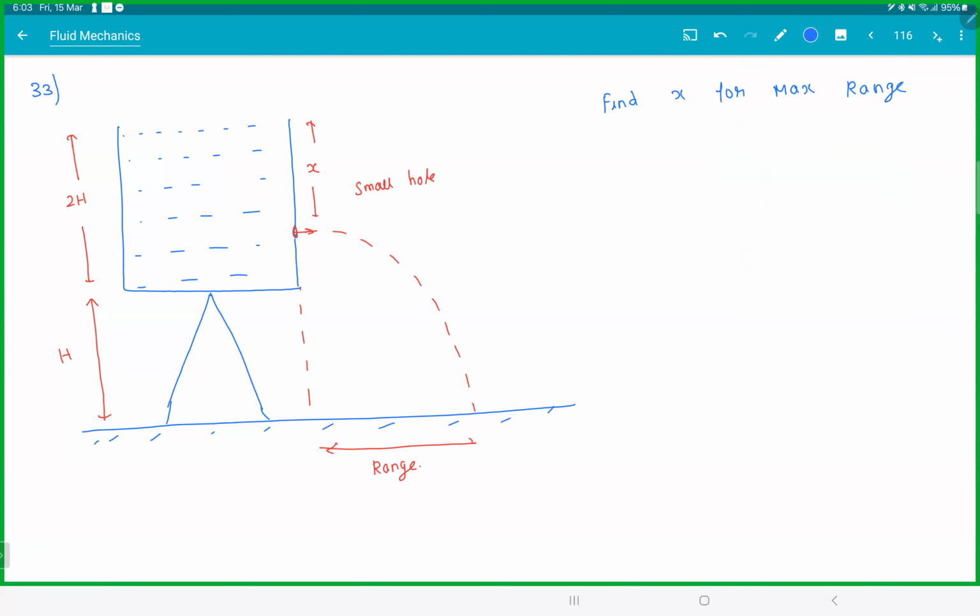So we have a container situated at a height of h. The height of the liquid is 2h. You made a hole at a distance x from the top. It's a small hole.